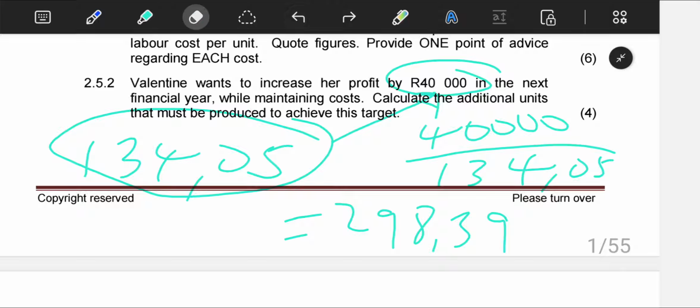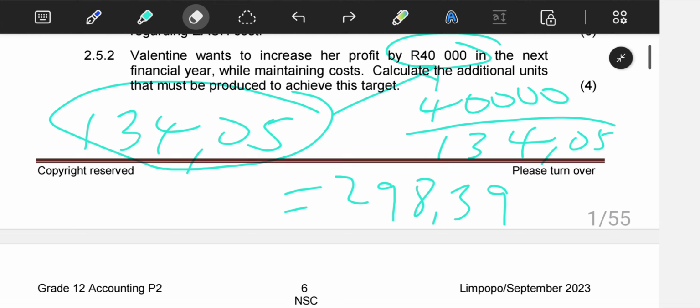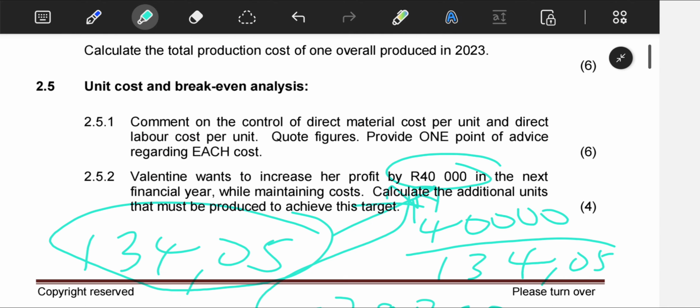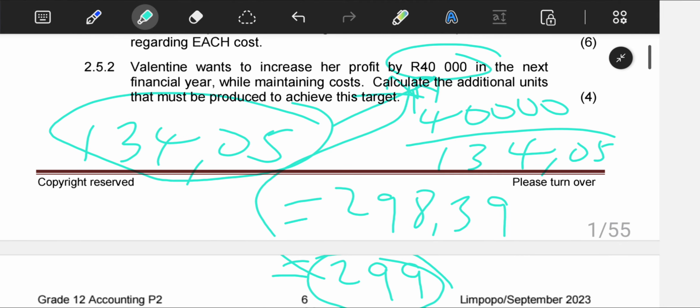So your final answer is going to be 299. So she needs to produce 299 additional units to make additional profit of 40,000. Alright, easy stuff, ne? And we're done with manufacturing.